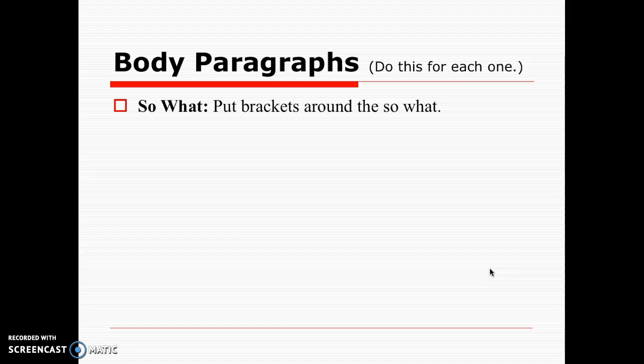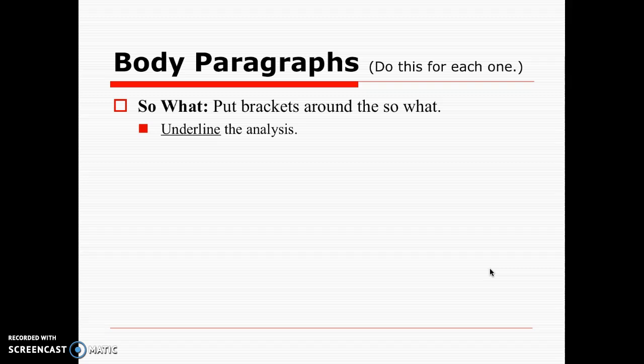A lot of you were kind of wandering off and talking about other parts of the book or making claims that the passage at hand couldn't support. So take a really close look at this, because this is where a lot of you lost points on the first round with the SRP essays.